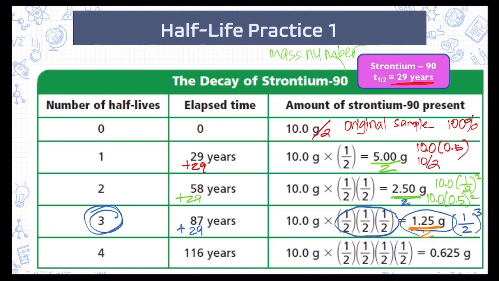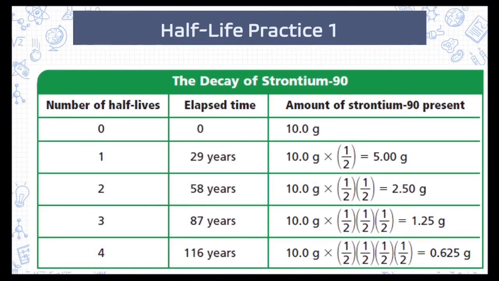Or you could do, because there's 4 half-lives, half times half times half times half times the original mass to get 0.625. And if you wanted to use an exponent, you could also say that this piece can be expressed as 0.5 or half to the power of 4.